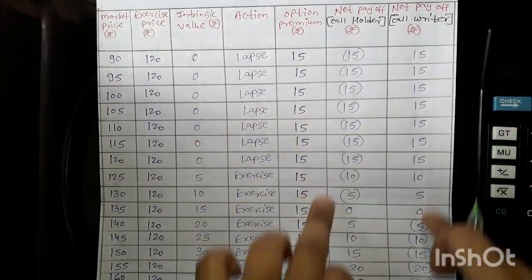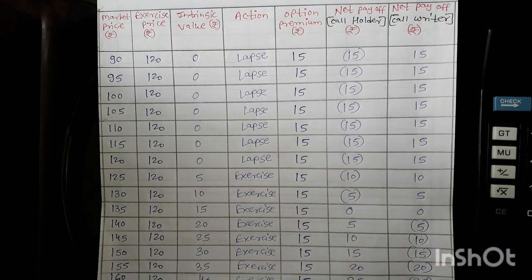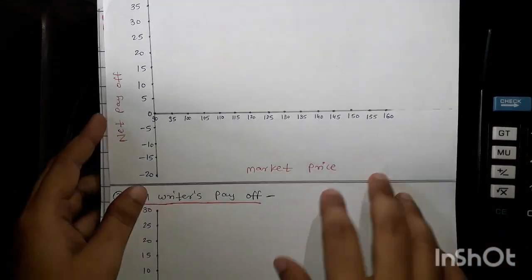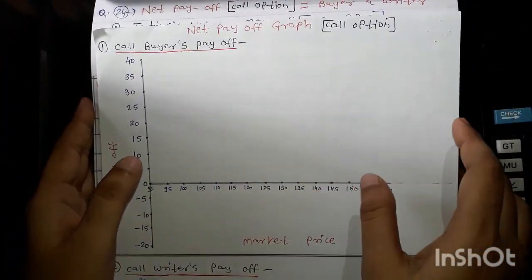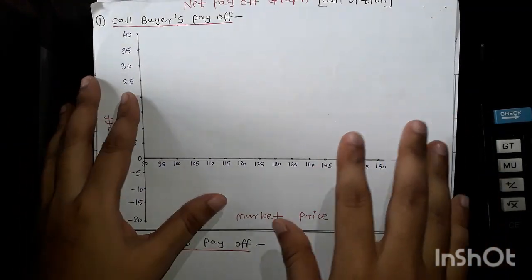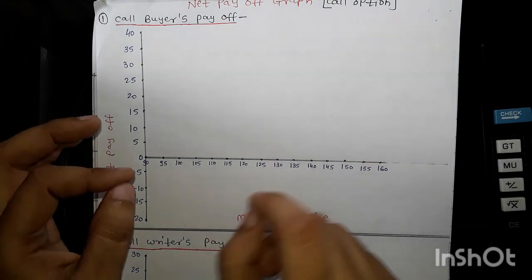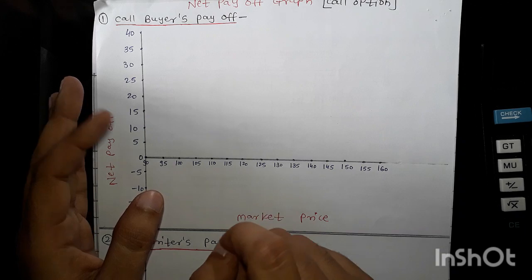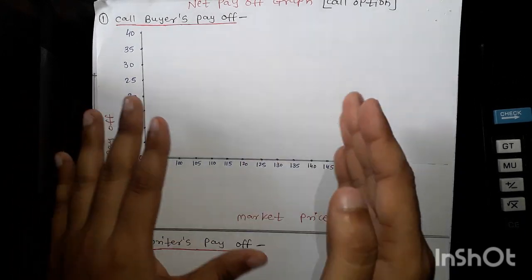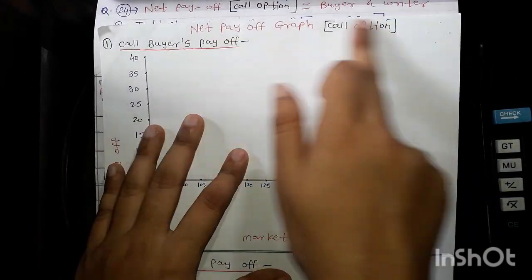Now, based on these two columns, we will draw the diagram. To save time I have already prepared everything. In the exam, if this type of question comes, you have to show the graph normally by pencil, but that would not be visible in the video, so I am using pens.